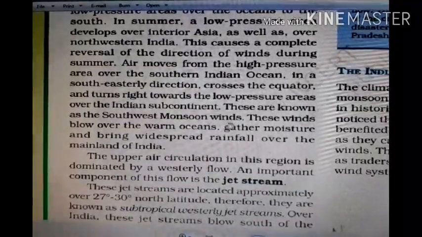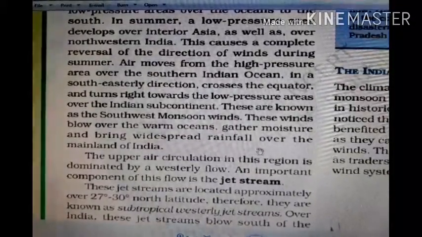These are known as southwest monsoon winds. It moves towards the south as well as the west. These winds blow over the warm ocean, gather moisture, and bring widespread rainfall over the mainland of India, and because of this movement there is rain during this time.